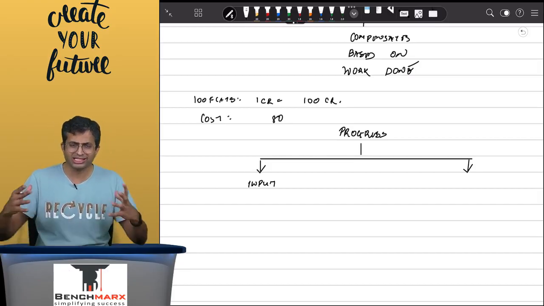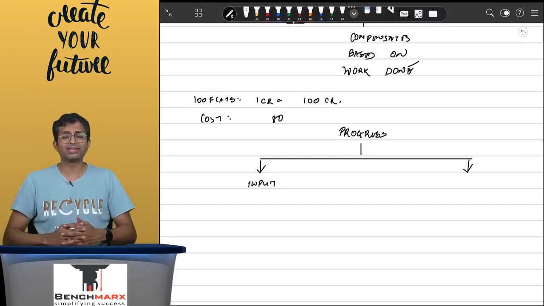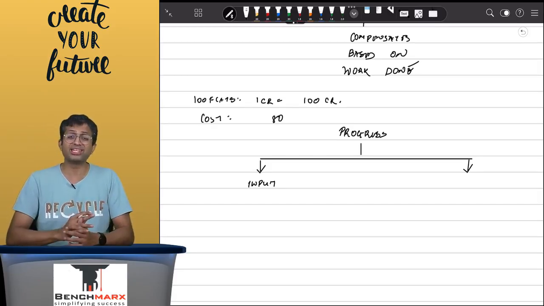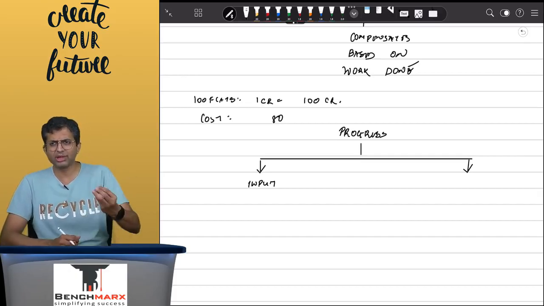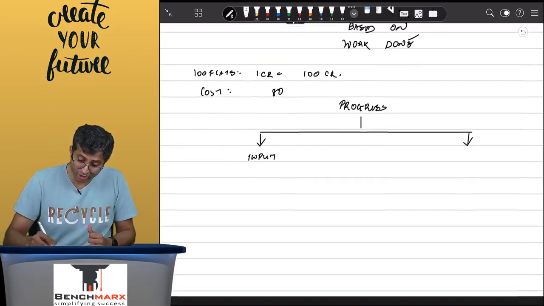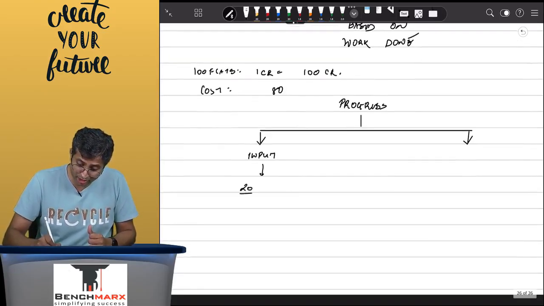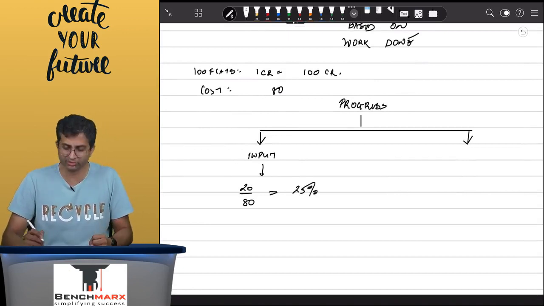Now, let us say at the beginning, you have dug up the foundation, you are making the base, etc., and you have incurred 20 crores during the year. You have just made 4 flats. Maybe you have just made the first floor and 4 flats, but you have incurred 20 crores. So the input method would say, well, 20 crores out of 80 crores, and as a result, 25% of the project is complete. You can recognize 25% of the revenue.